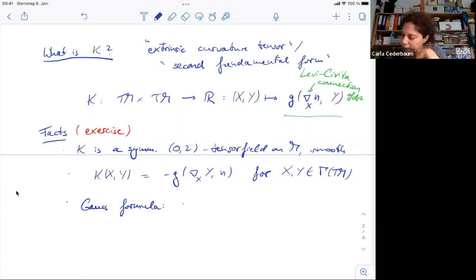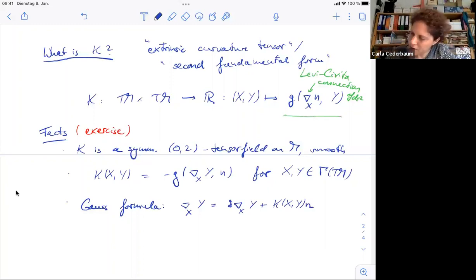It says that if I want to compute the Levi-Civita derivative of a tangential vector field Y to my hypersurface in the direction of a tangential vector field X to my hypersurface, then I can do this completely within the hypersurface, with respect to the Levi-Civita connection of the Riemannian metric on the hypersurface, plus the second fundamental form of X and Y in the direction of the normal.